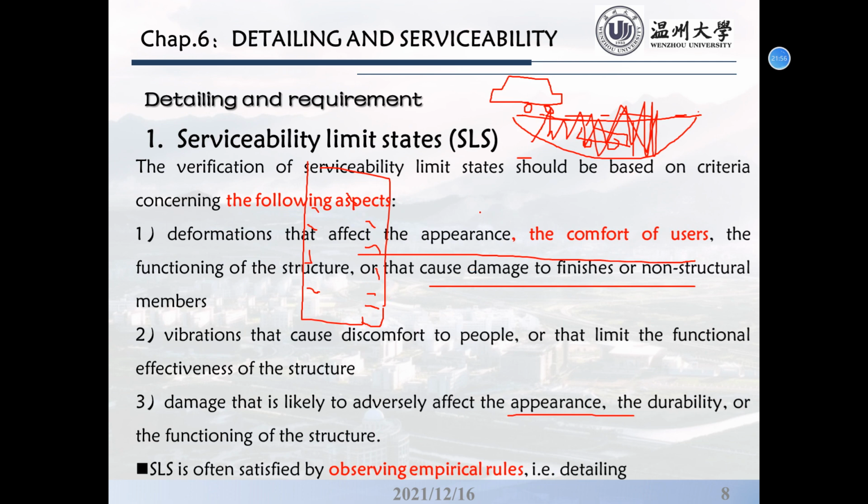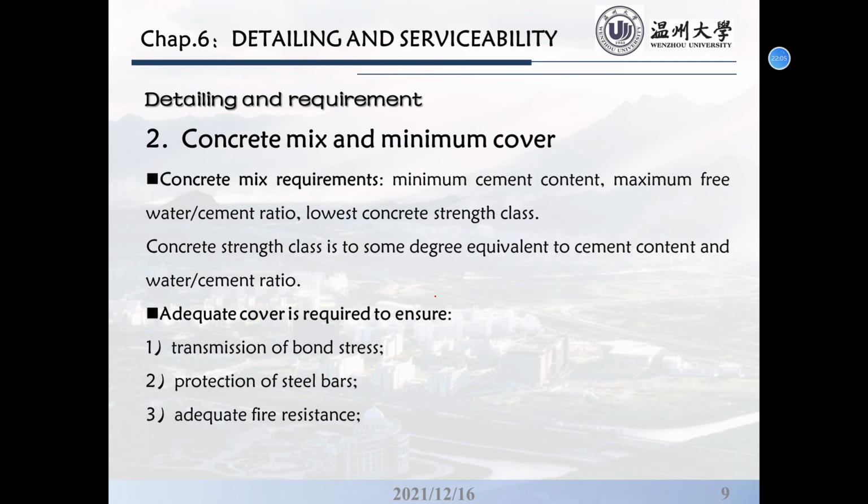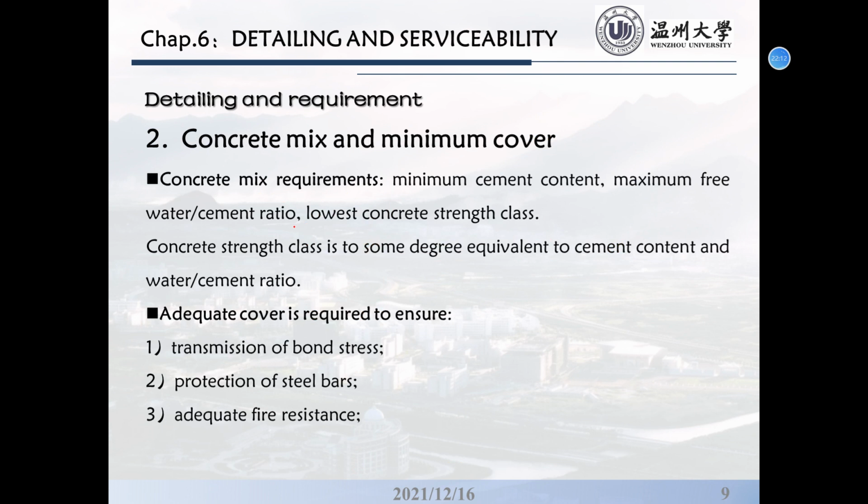These are the detailings that we will talk about in these chapters. The first thing we need to talk about is the concrete that we use. For concrete, in chapter 2, we know it consists of cement, aggregate, sand, and water, right?